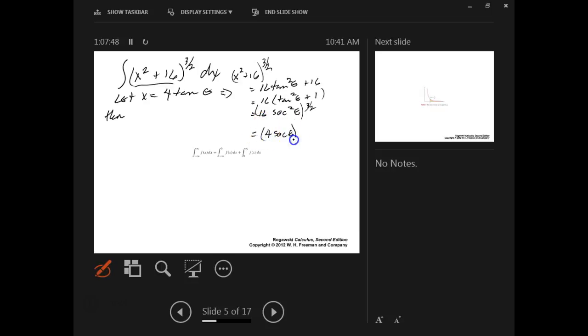But then you're going to cube that, which would be 64 secant cubed theta. Right? Agreed? Okay. All right. So we've taken care of that. This whole thing is 64 secant cubed theta. That's this part of it.